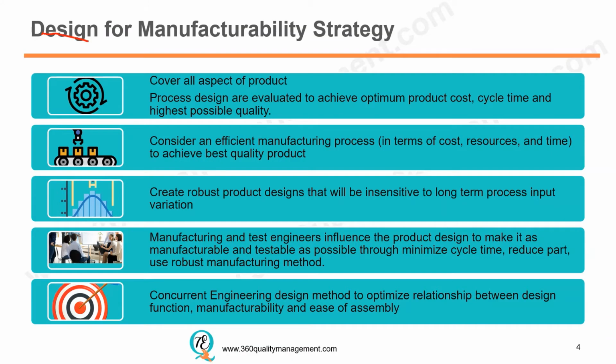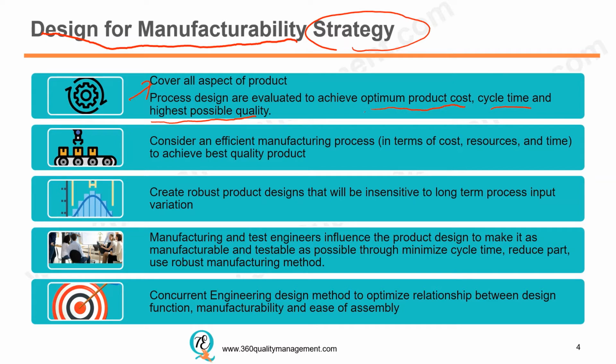So, what is design for manufacturability? Let's look at some of the strategies. In design for manufacturability, it should cover all aspects of the product. That means process designs are evaluated to achieve optimum product cost, cycle time, and the highest possible quality. It means that quality has to be designed in.